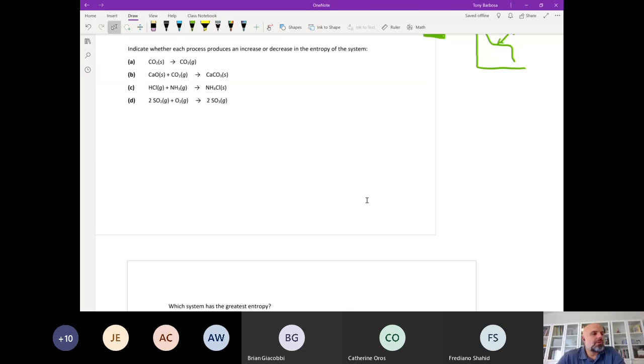So here are 4 different problems, and it's asking you to just determine whether each process produces an increase or a decrease in the entropy of the system. So everyone work through A, B, C, D, and give me your answers. Say A, increase or decrease, B, increase or decrease, and post some in the chat, and we'll go through them quickly. These should be hopefully pretty quick.